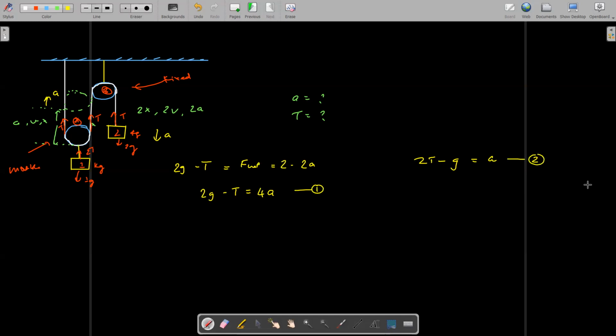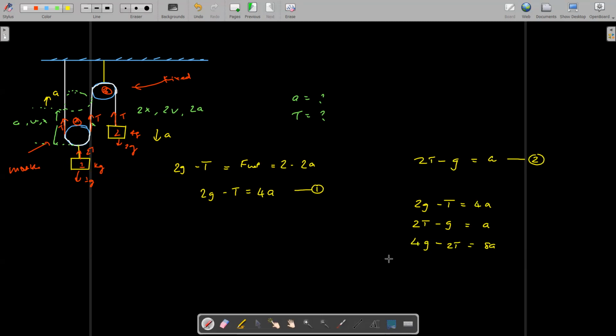Taking these equations together, 2g minus T equals 4a and 2T minus g equals a, right? While solving this, you can multiply the first equation by 2. That will turn out to be 4g minus 2T equals 8a, right? We are multiplying the first equation by 2.